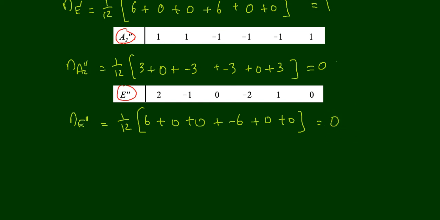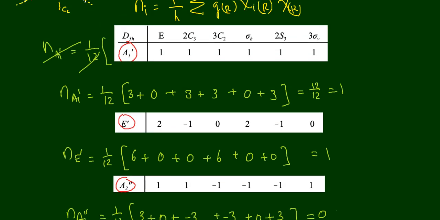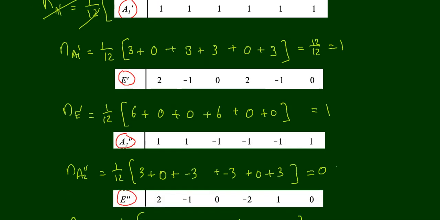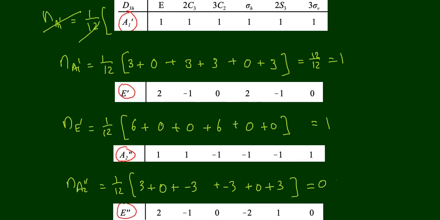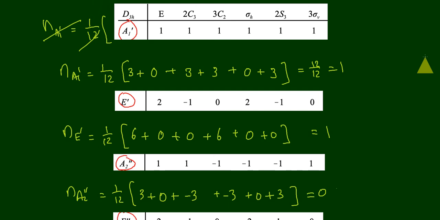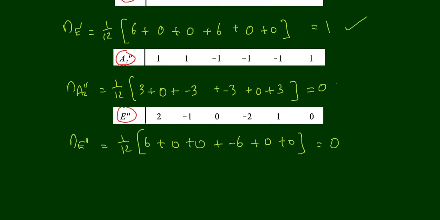And now we can see that we have N A1 dash is equal to 1, and we have N E dash is also equal to 1. All other irreducible representations give the value 0.